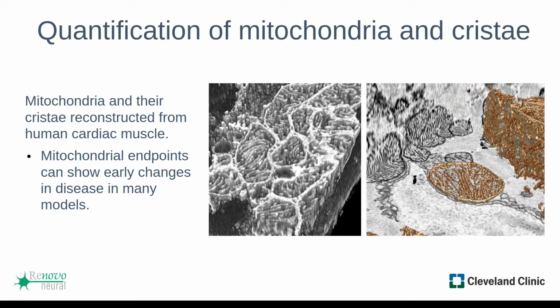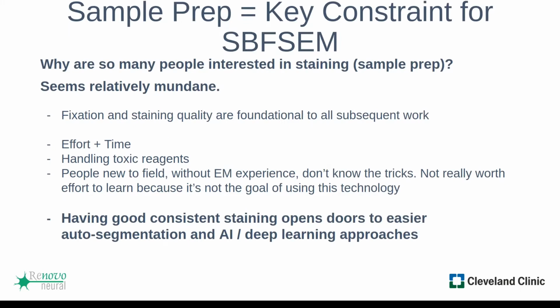There are often semi-automated and fully automated analysis approaches utilized for obtaining mitochondrial endpoints, which, like all quantitative analysis approaches that utilize any automation, require consistency of staining and tissue quality, which leads us into the next area.